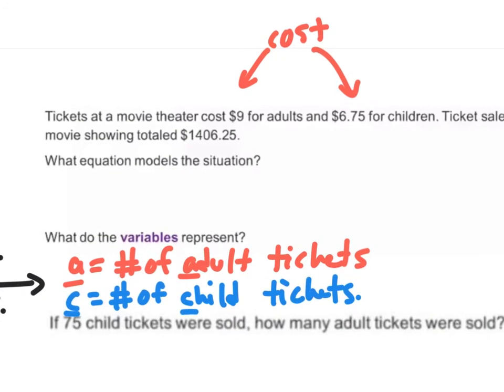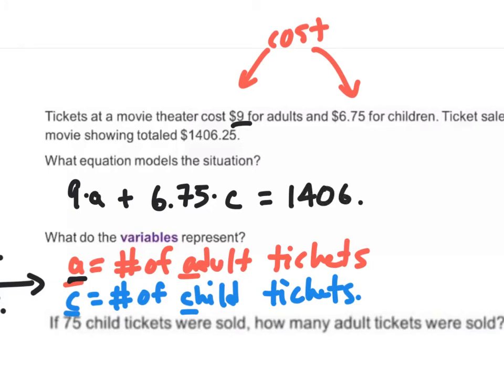So what I'm going to do is that I know that if I take $9 and I multiply that by the number of adult tickets, which is A, so 9 times A, if I add that to $6.75 times the number of child tickets, C, okay, then if I add those two numbers together, I'm going to get $1,406.25, okay?